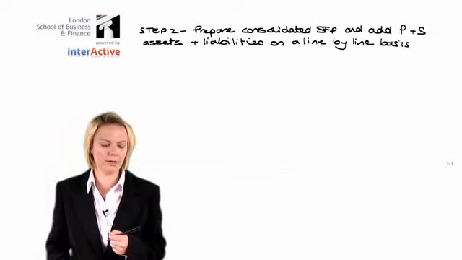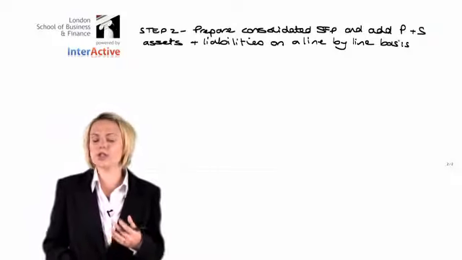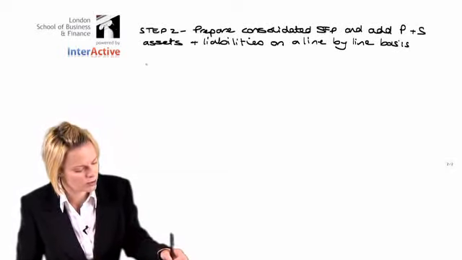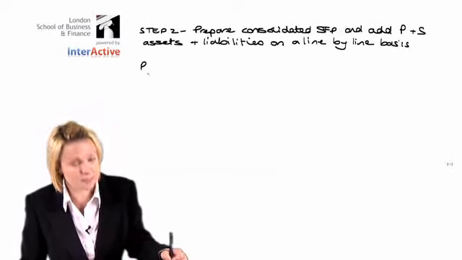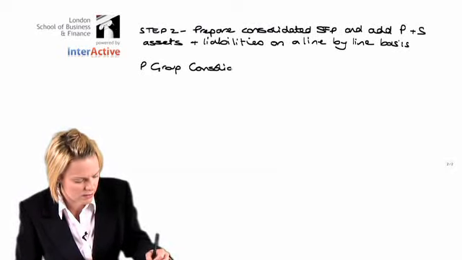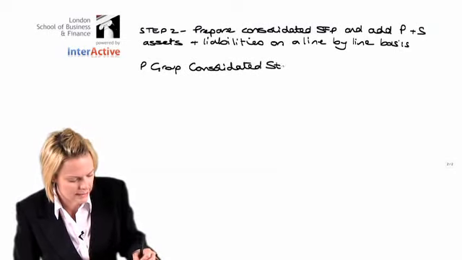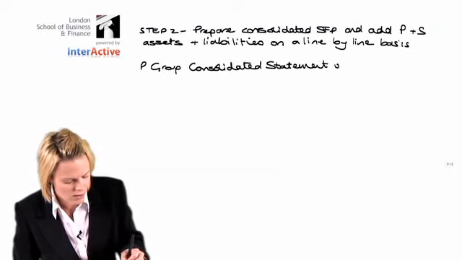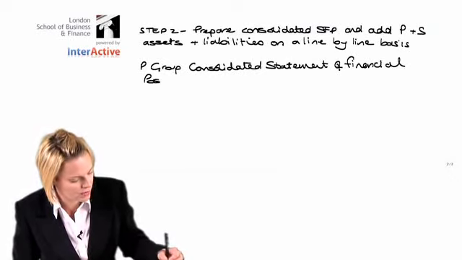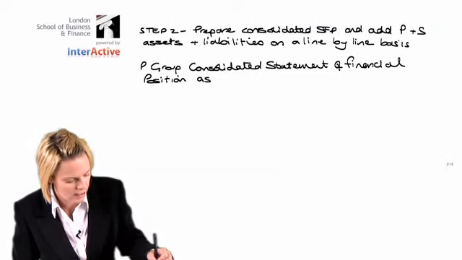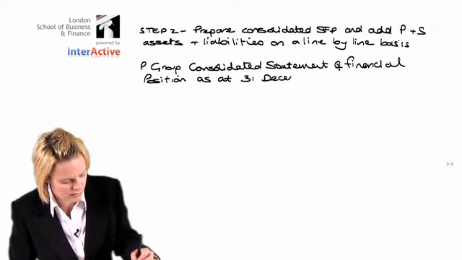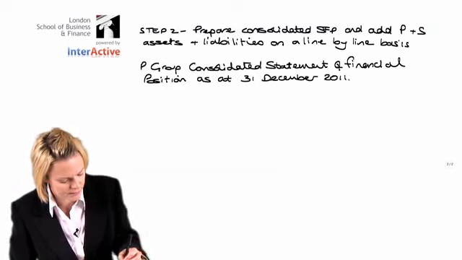Okay, so what we're going to do then is do the consolidation because we know that they are related and a group is formed. So, name of the parent is P, group, consolidated statement of financial position as at the 31st of December 2011.